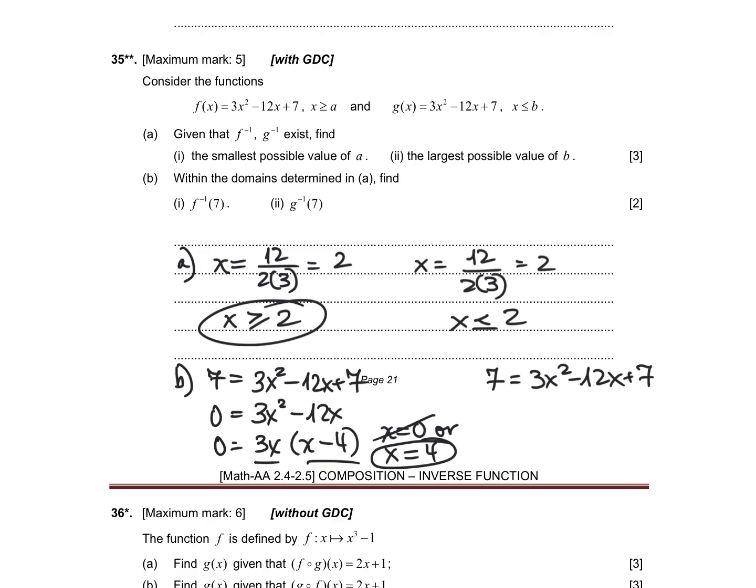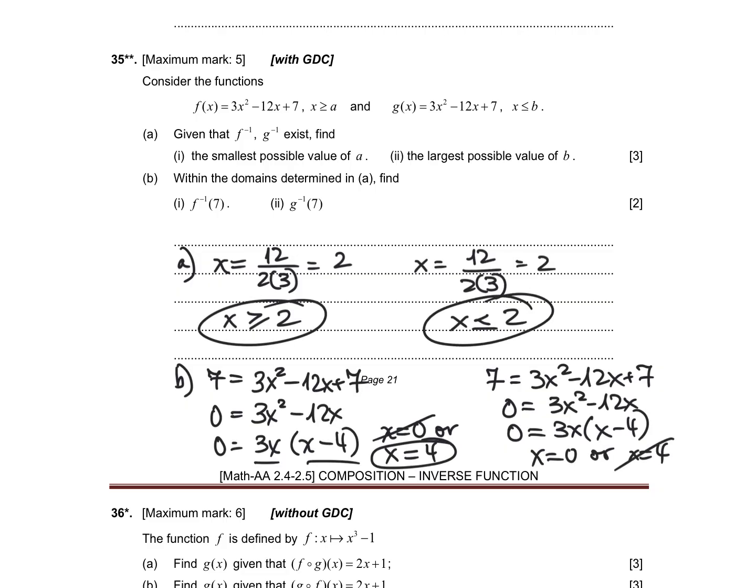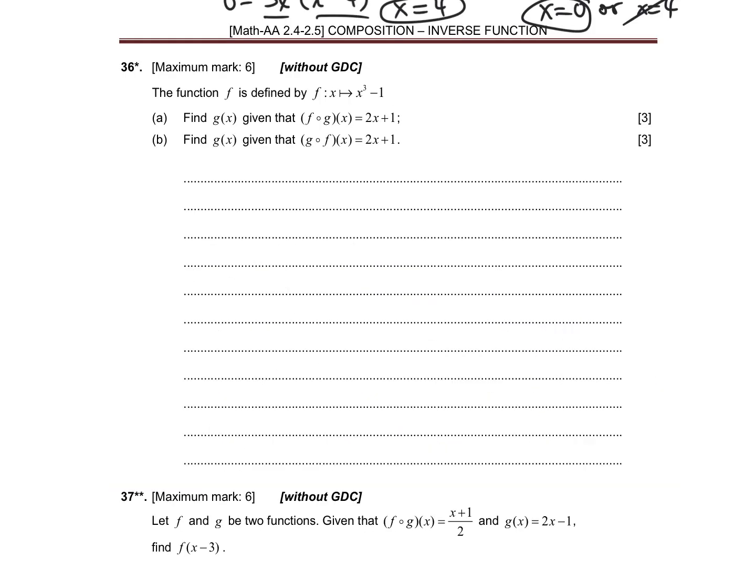And then we would have the same thing, 3x squared minus 12x, and then factor out the 3x, x minus 4, so x is 0 or x is 4 again. So 4 is not in the domain because it's less than or equal to 2. So we have 0.